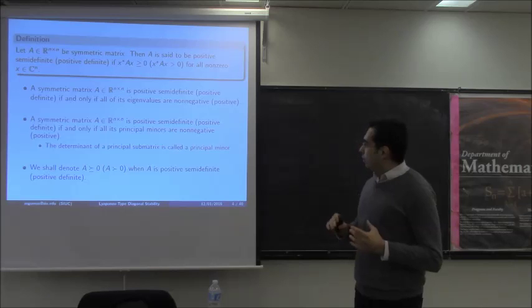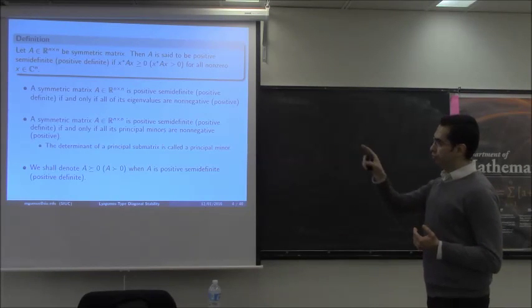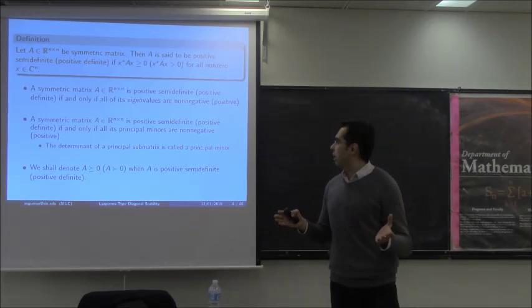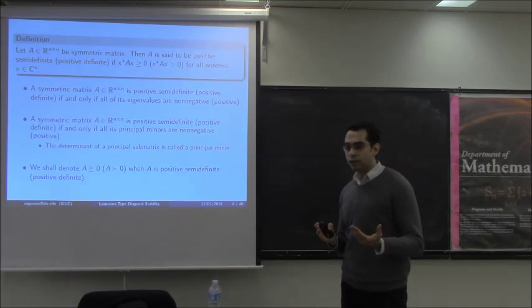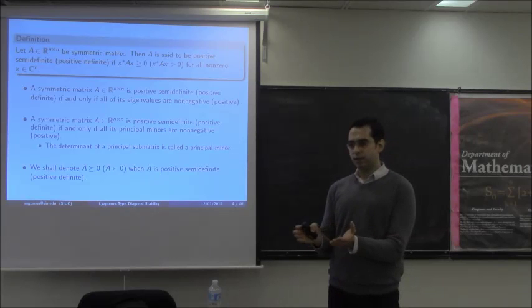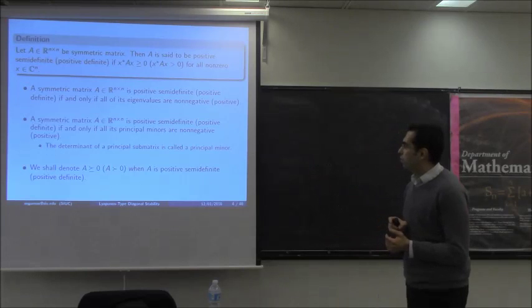And there are two characterizations we use in our work. The first one is that a symmetric matrix A is positive semi-definite if and only if all of its eigenvalues are non-negative. We already know that a symmetric matrix has real eigenvalues, and if they are non-negative, then we get positive semi-definiteness.